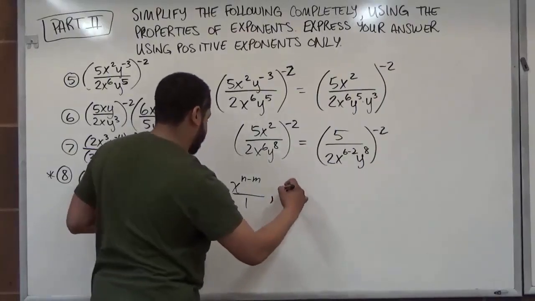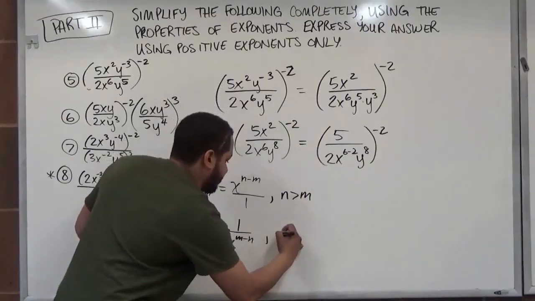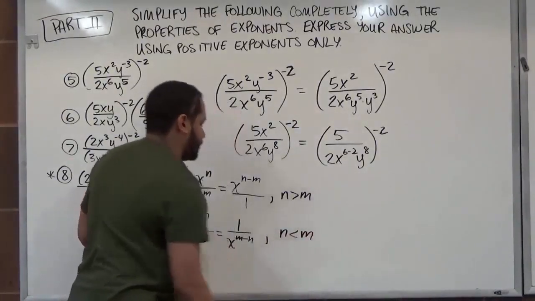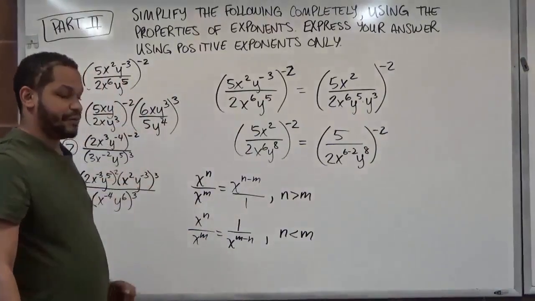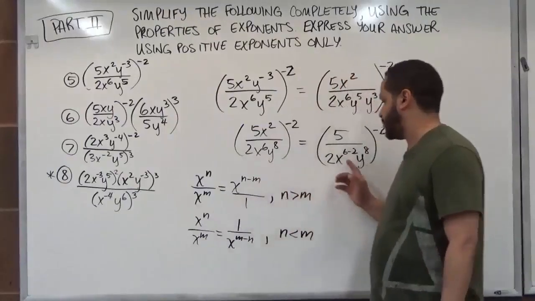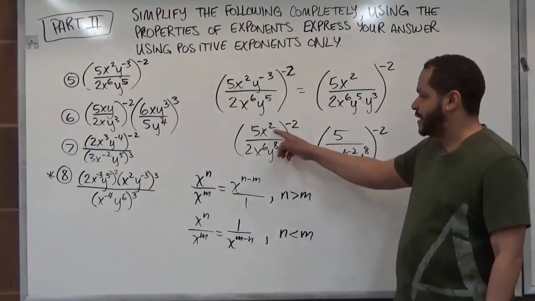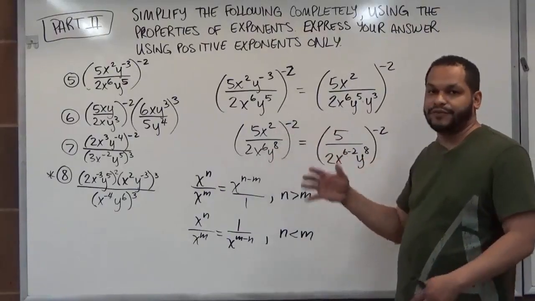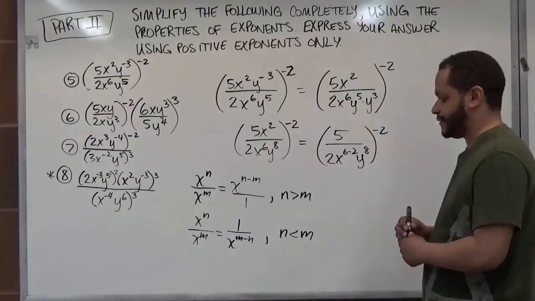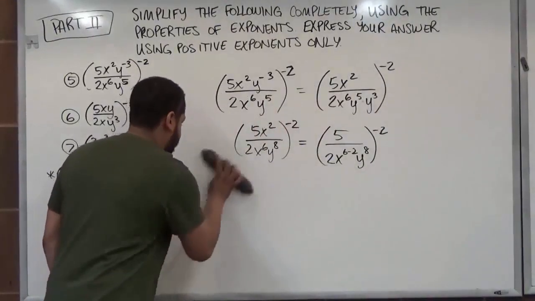This is in the case where n is greater than m, and this is in the case where n is less than m. If they were equal, they'd simply simplify to 1. The point behind this is so that we get a positive exponent. Here when we do 6 minus 2, we get 4. If we did 2 minus 6, we'd have negative 4, which means we'd have to move it back to the denominator. In this case, we don't have to worry about that. So let's continue with this problem and speed to the end.